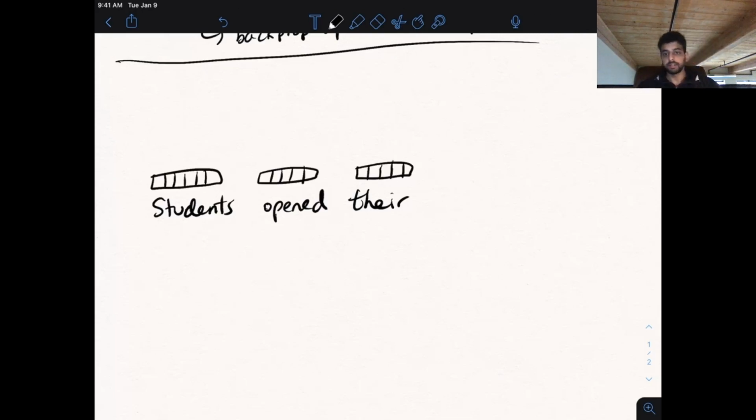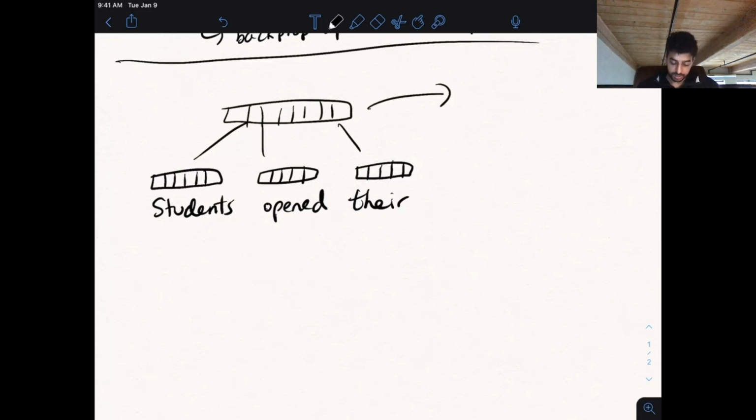In our feed-forward fixed window language model, we concatenated them all together, and we passed that through a hidden layer. Then we used the resulting representation to predict the word books, and we did this using the softmax layer.